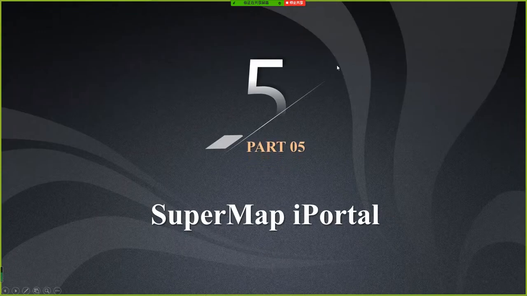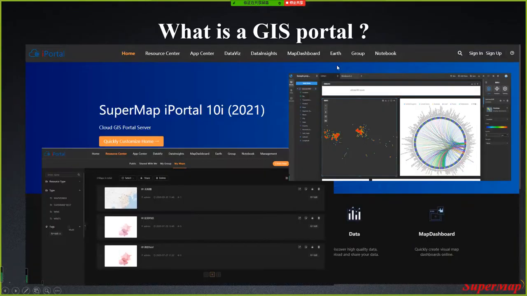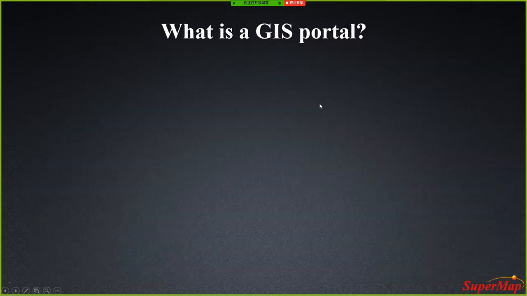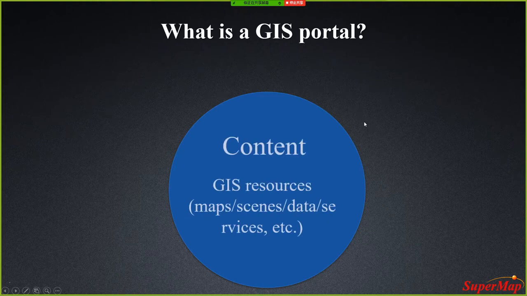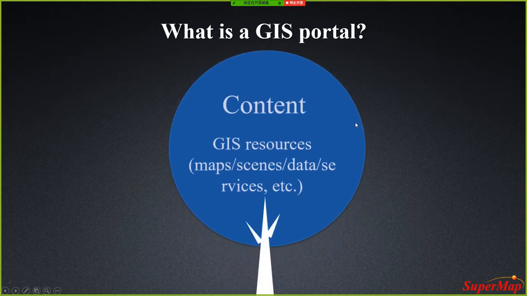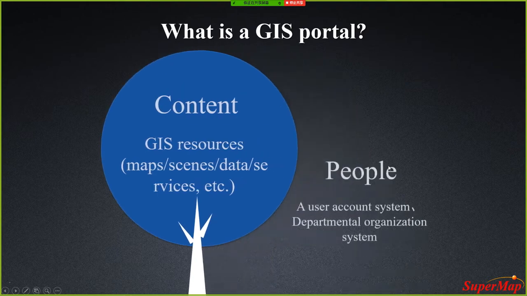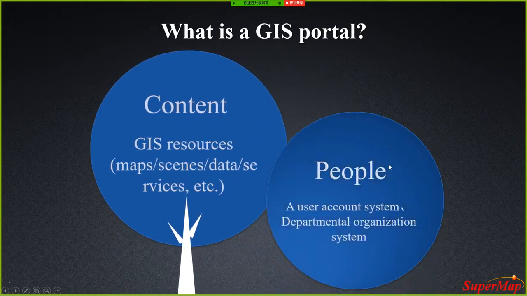Okay, and next I will introduce to you the SuperMap iPortal. So you might ask, what is the GIS portal? So GIS portal is a website that gathers the content and people.